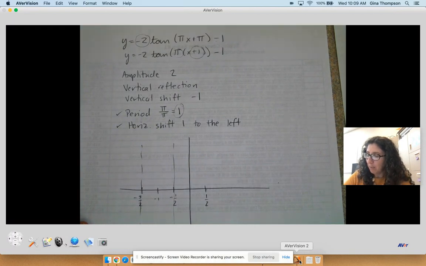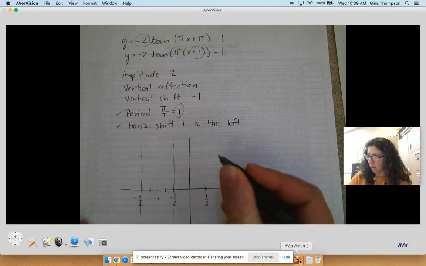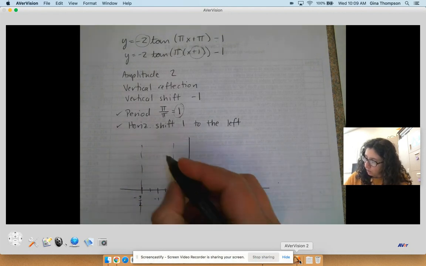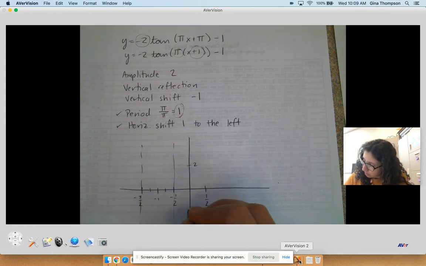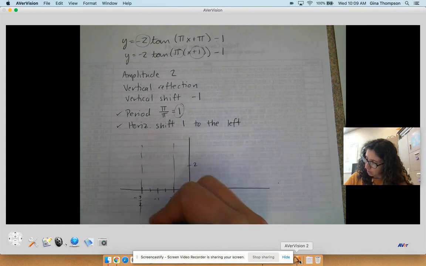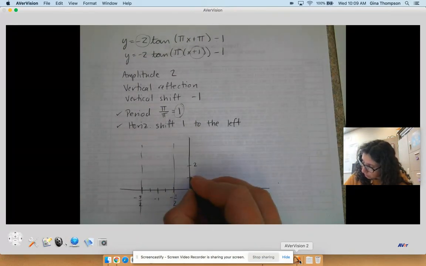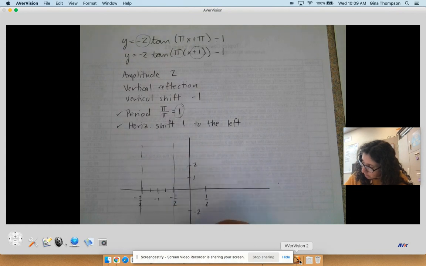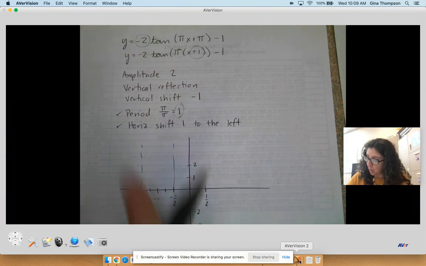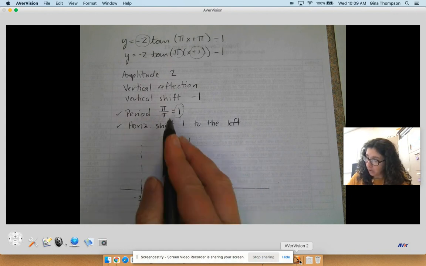How about amplitude? Okay, well, halfway between, normally, we would have this at 2 and -2, right? It would go like that. However, it's shifted down by 1, so we're going to go -3 to 1 for our amplitude points, and it's vertically reflected.